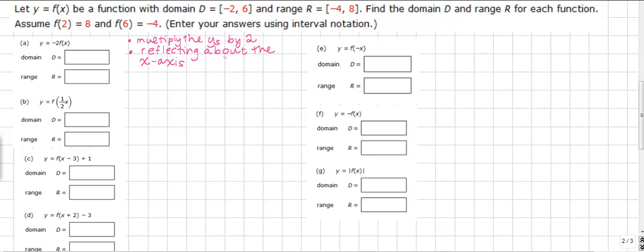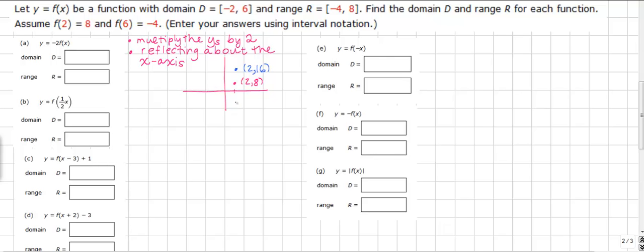So let's take one of the endpoints for this problem, since this is our first one. This will not be to scale, but if I had the endpoint 2, 8, and I'm going to multiply the y's by 2, then the new y coordinate would become 16.